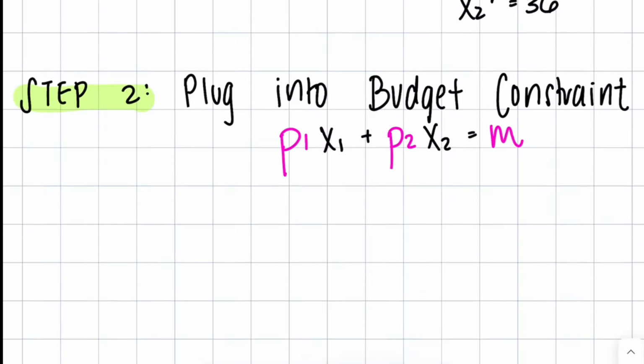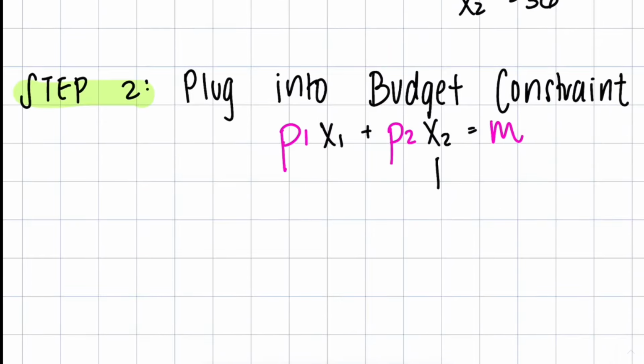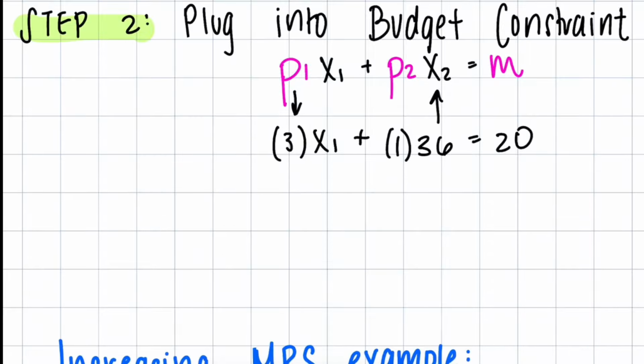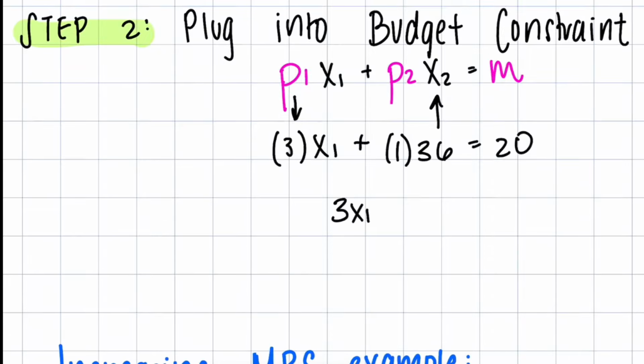Then we can just go ahead and plug that into the budget constraint, so we know that this is going to be 36. We know that our price of 2 was 1. We know that our price of 1 was 3. And then we're trying to solve for x1 now with an income of 20. After doing that math, you're going to get 3x1 is equal to negative 16 after subtracting this.